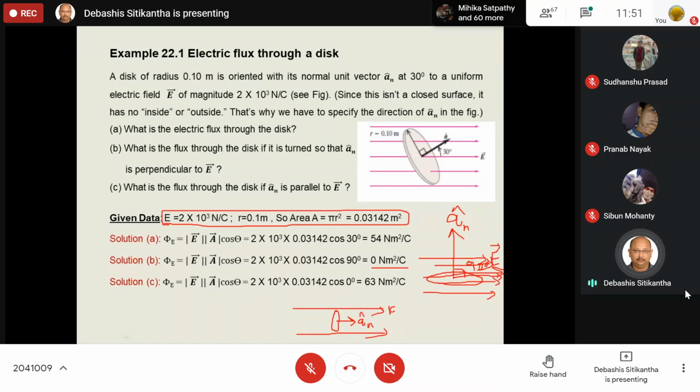Very simple. You can say that it is E vector, A vector, cos 0 degree, since the angle between A n cap and E vector is 0 degree. Ultimately, it results in 63 Newton meter square per coulomb. So this is a very simple problem. I hope everybody can do it.